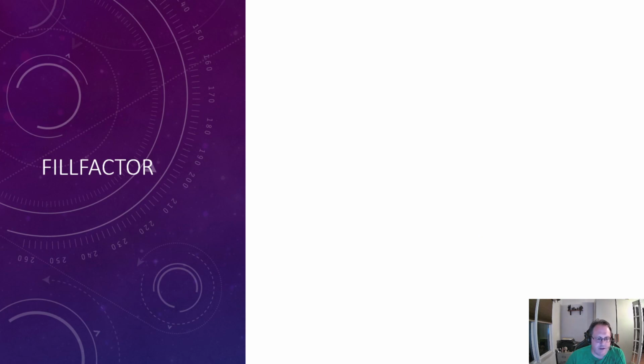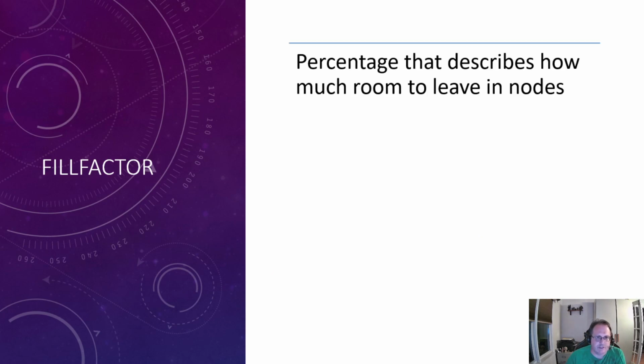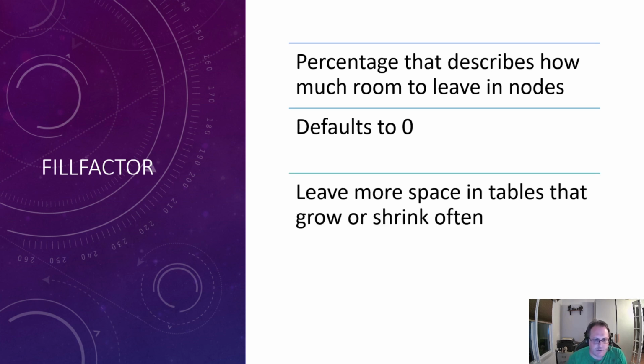All right, so fill factor here. Fill factor is the percentage that describes how much room to leave in nodes. The default for this is 0, which means there's no room in the nodes. It's filled as much as possible. You want to leave more space in tables that grow or shrink often, like a sales table or a customer table. I'm not even sure if you'd have an index on a sales table, but just go with it.